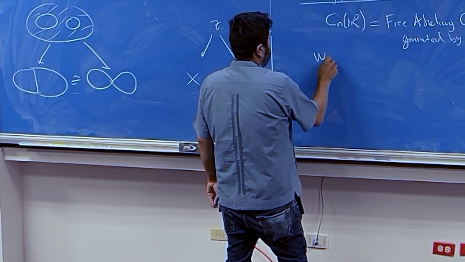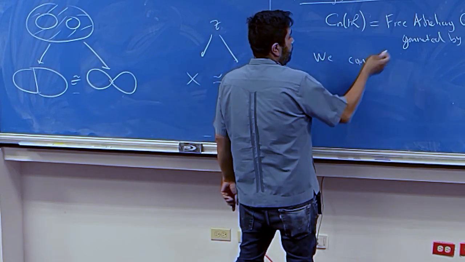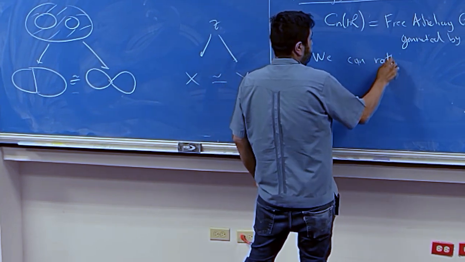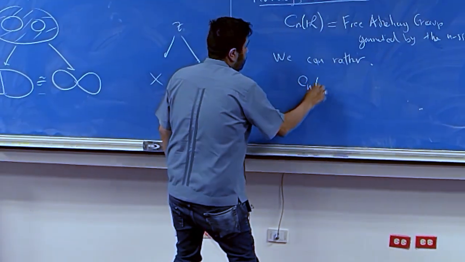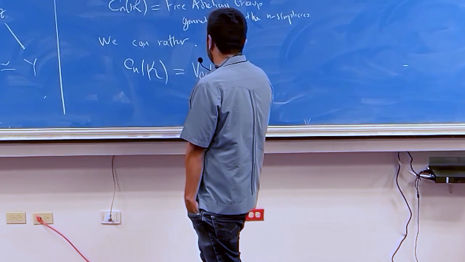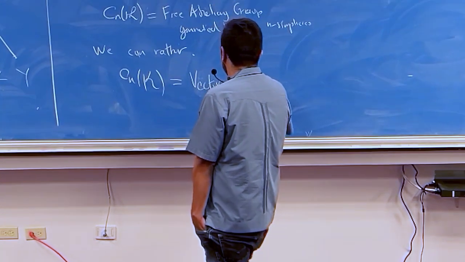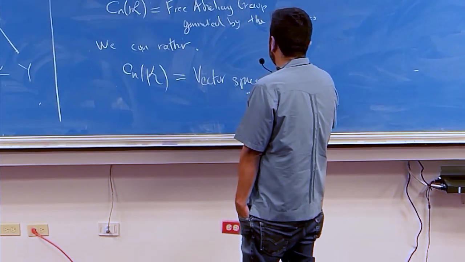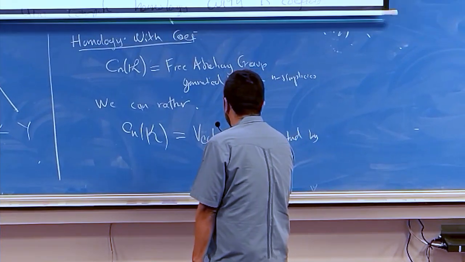rather, we can work with Cn of K, the vector space generated by the n simplices.